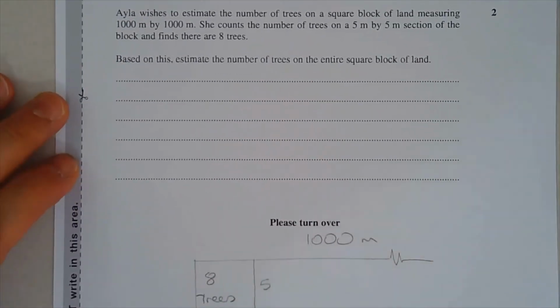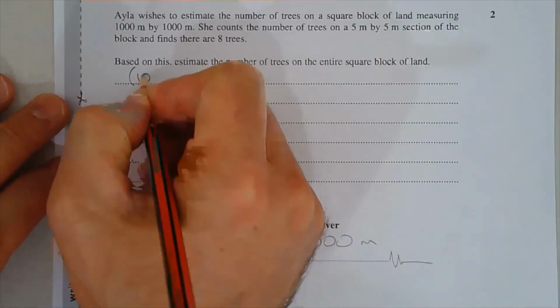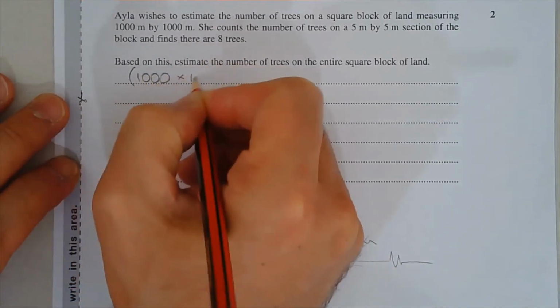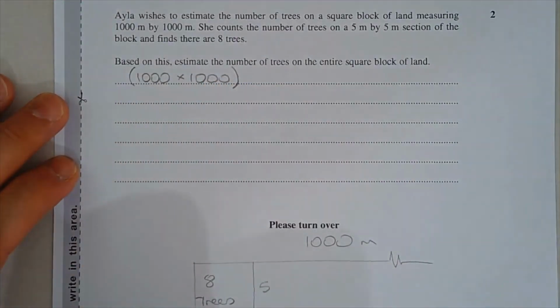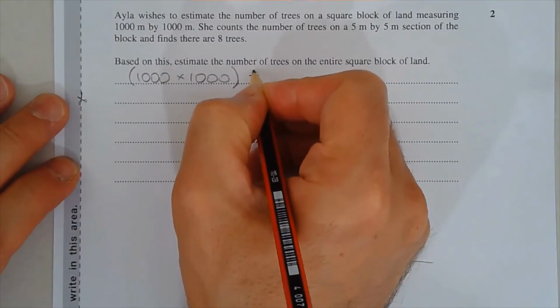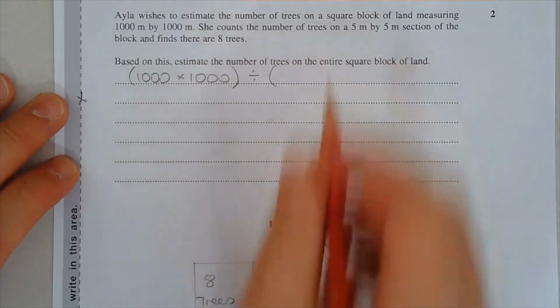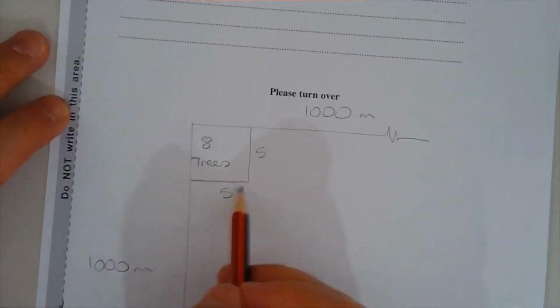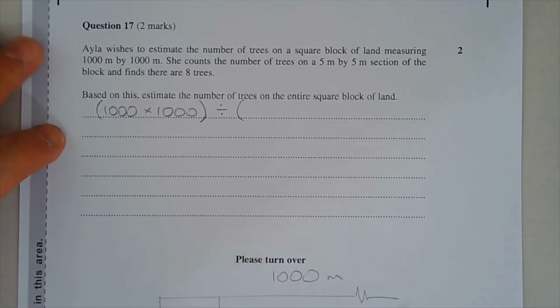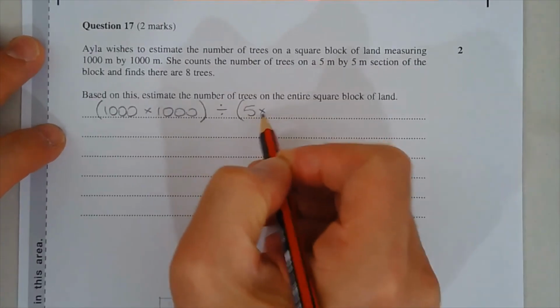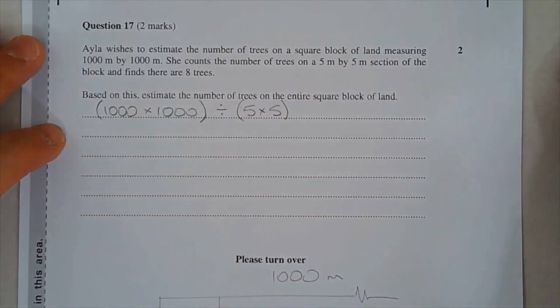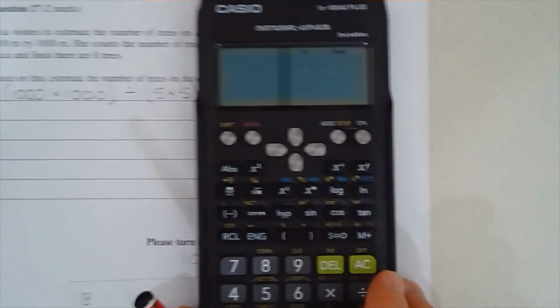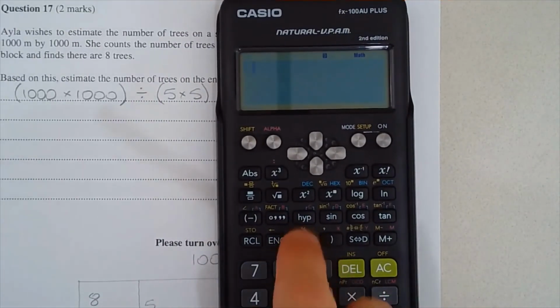The area of the large block of land is 1,000 by 1,000. We're going to divide that by the area of the small square. I'll break this up into two calculations instead of doing it all in one.